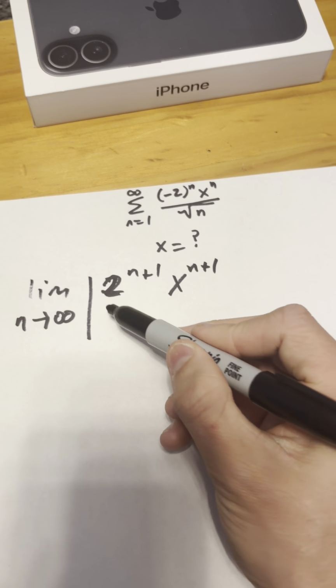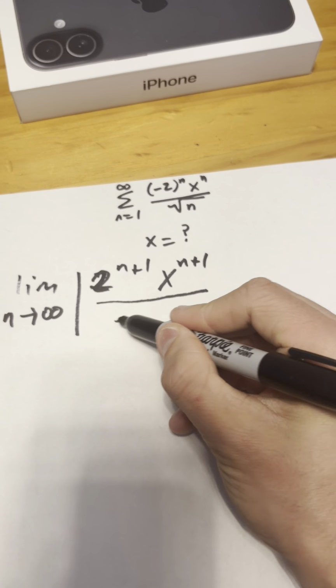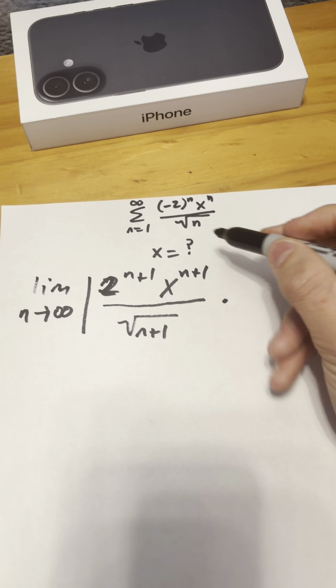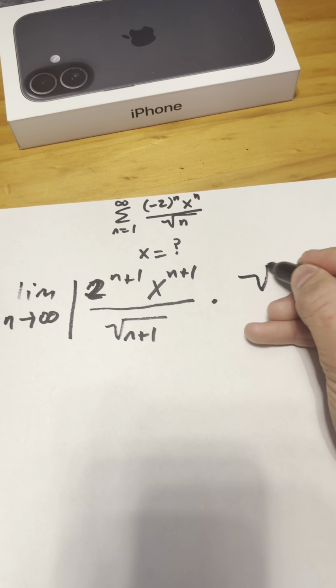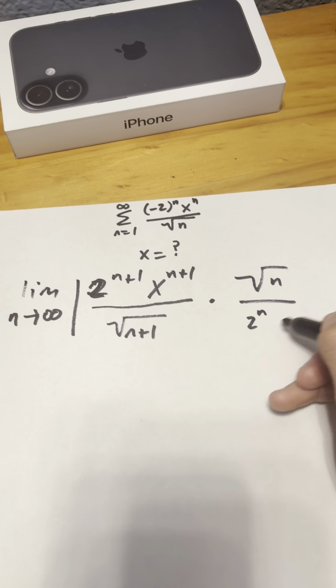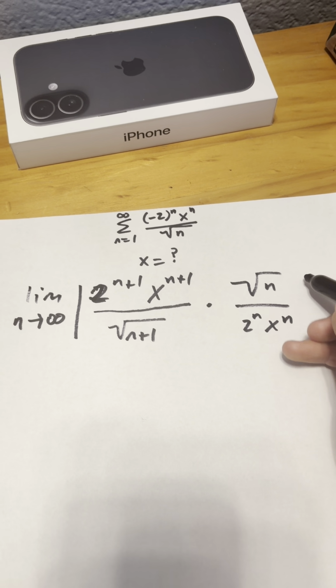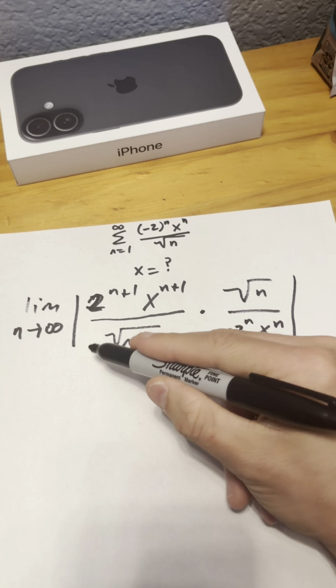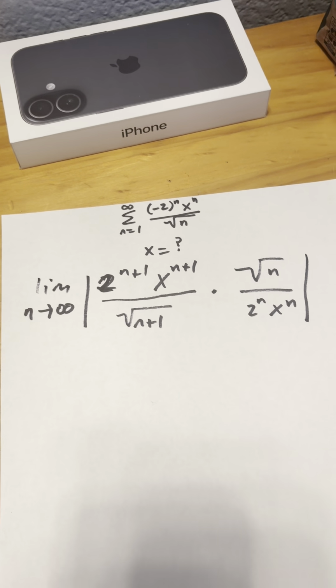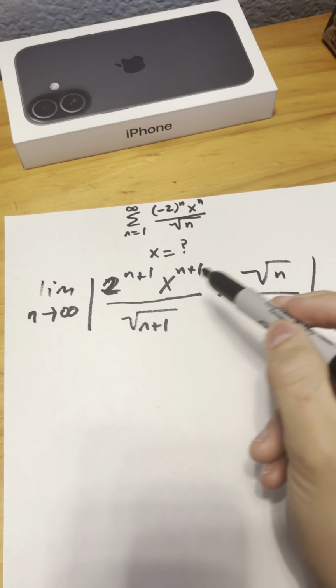N plus 1s, multiplied by the reciprocal. I'll just leave the absolute values up, even though I took away the negative, since the x can make it go negative.